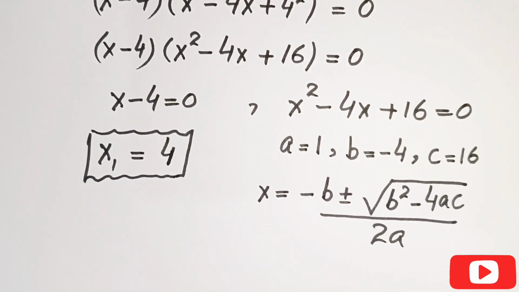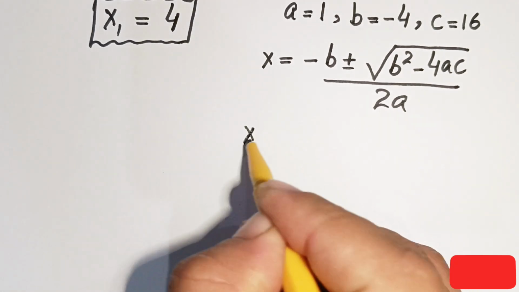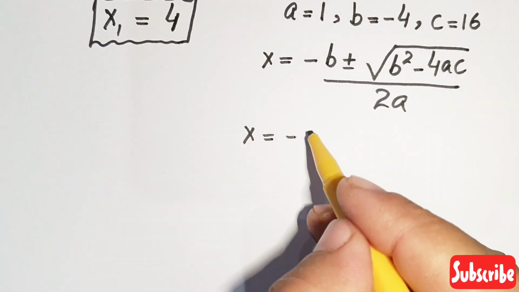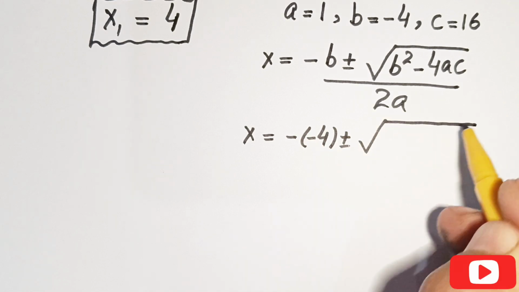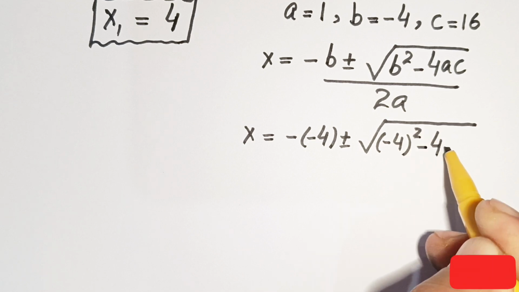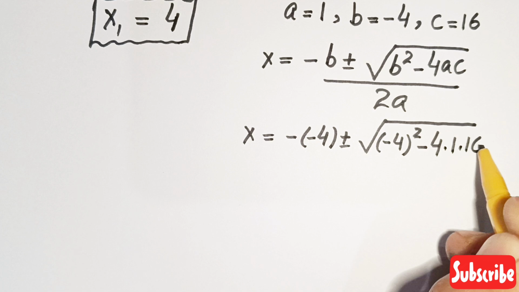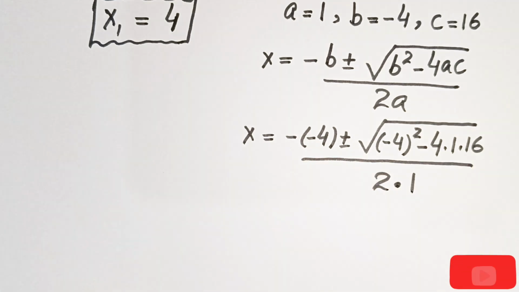Now applying the values of a, b and c, we get x is equal to minus the value of b, plus minus square root of b squared, minus 4 times a, which is 1, and c, which is 16, all over 2 times a, which is 1.